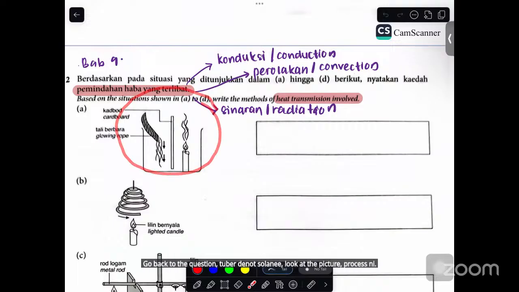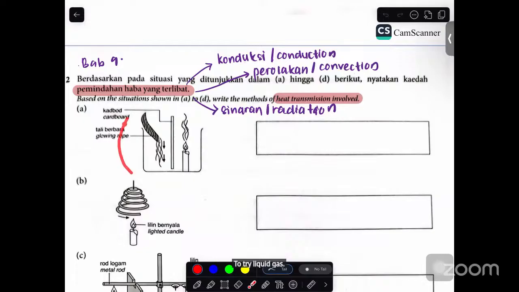Proses ni. Cecair, liquid, gas. Solid, liquid, gas. Dia berlaku kat sini. Gas. So, kalau gas, perolakan, konduksi, or sinaran? Yes. So, perolakan, convection.